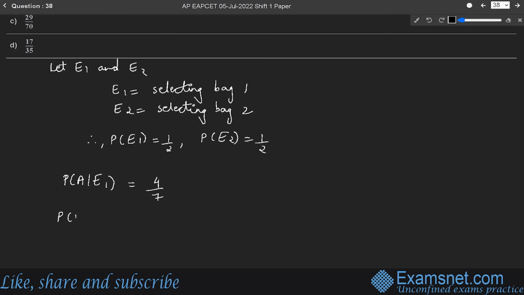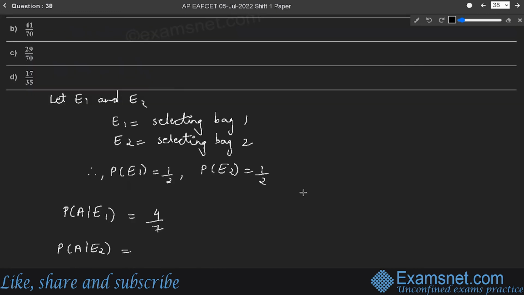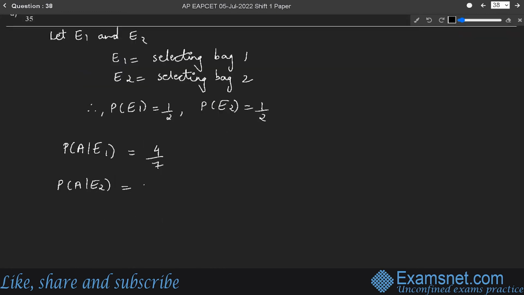Similarly, the probability of A by E2. This is the probability of drawing a red ball when second bag is selected. So for the second bag, there are 2 red and 3 black balls. So total number of balls for the second bag is 5 and out of which 2 are red. So the probability will be 2 upon 5.